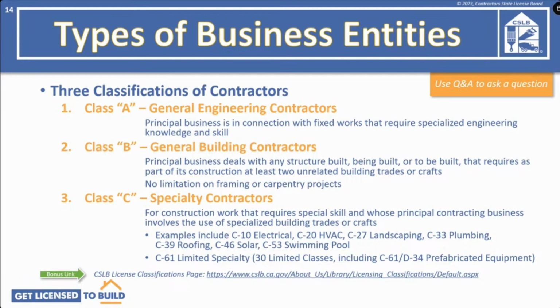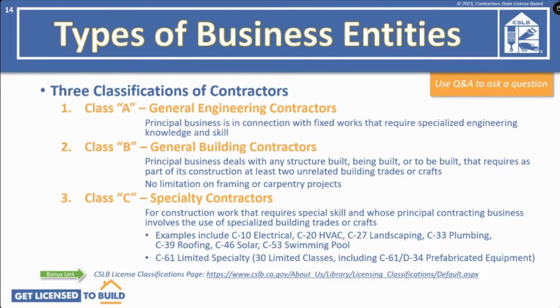In other words, a B contractor shouldn't take a prime contract for any project involving trades other than framing or carpentry, unless the prime contract requires at least 2 unrelated building trades other than framing or carpentry. There are no limitations on B contractors to stop them from taking on projects that only include framing or carpentry.